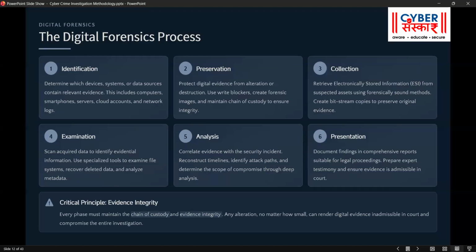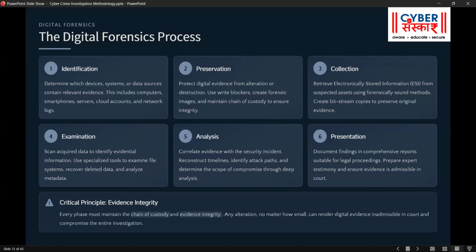Suppose, for example, data is removed by the accused person from their electronic equipment, then there is a specialized method to retrieve the deleted data. There are various methods by which the experts can retrieve the data from the destroyed equipment. Now when data is recovered and it is available with you, then it is analyzed.